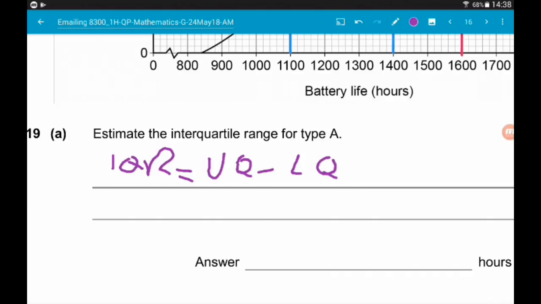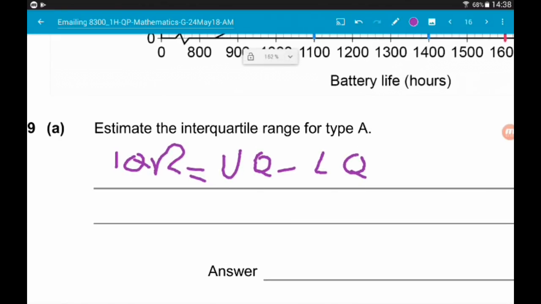quartile. Now the lower quartile is the 25% piece of data, and the upper quartile is the 75% piece of data. So we need to find 25% of 80, and that gives us 20.